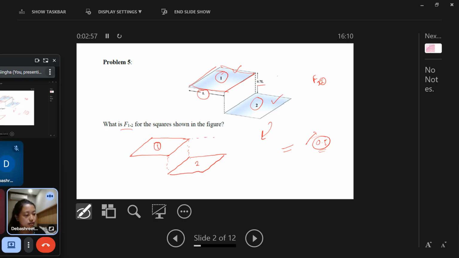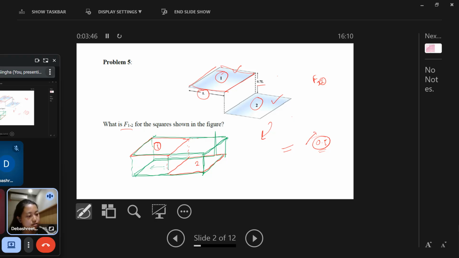Now if I extend this one, and also if I extend this two to this side, the bottom part becomes one whole surface, and the top we can also consider as another surface.